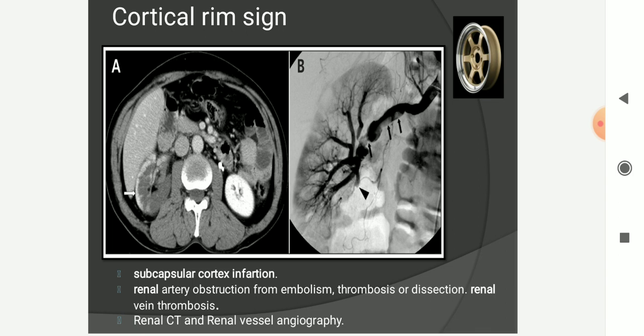So these are the causes. Okay, when the arteries are obstructed, there will be no blood supply to the cortical region, so sometimes it leads to diffuse cortical necrosis or infarction. And the method is, on the A, renal CT, and on the B, that is the renal vessel angiography.